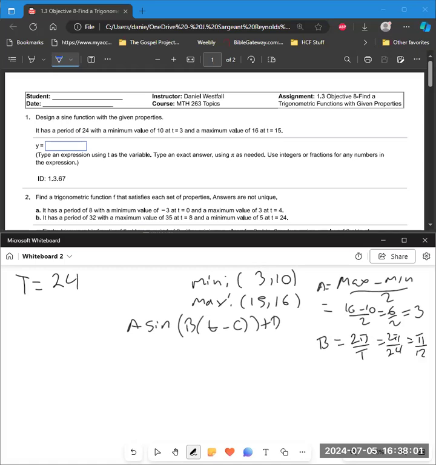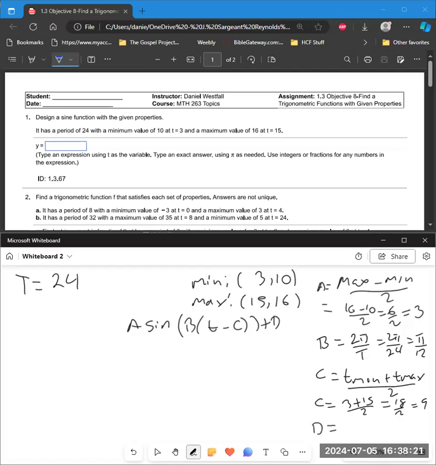Our C is going to be our t value for our minimum plus our t value for our maximum divided by 2. So that's going to be 3 plus 15 over 2, so 18 over 2 is 9.